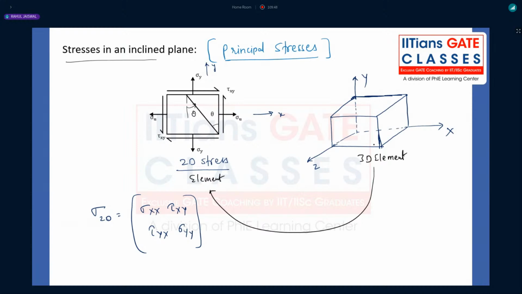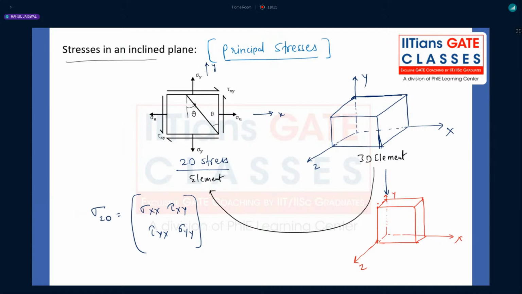My dear friends, understand: in any body, when the thickness is very, very small, like a very thin lamina body, and you apply the load like this, for example. Same cubical element: if this is X, this will be Y, this will be my Z.